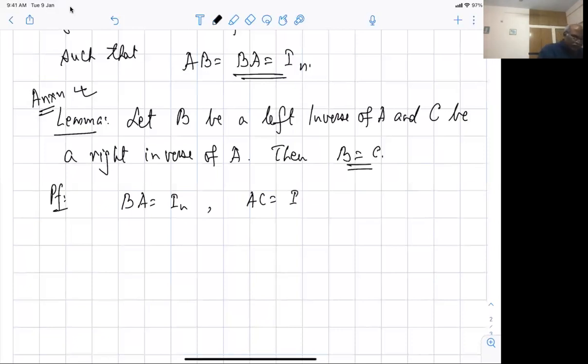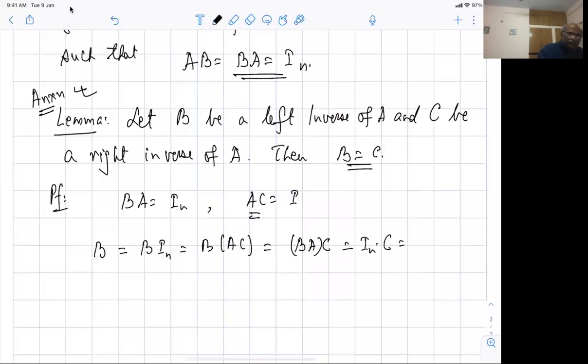I start with B. B is the same as B times identity, since BA is identity. But identity is the same as A times C. Now the associativity of matrix multiplication tells me that this is the same as this. But BA is identity, so identity times C is the same as C. So you can see that B is the same as C.